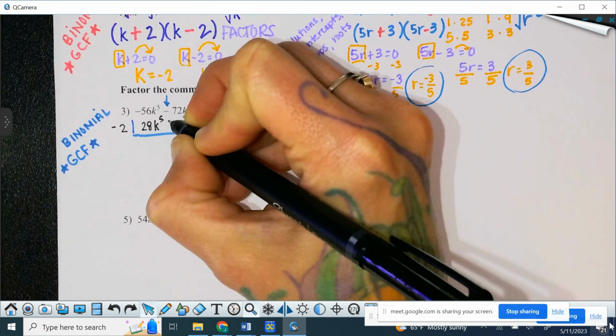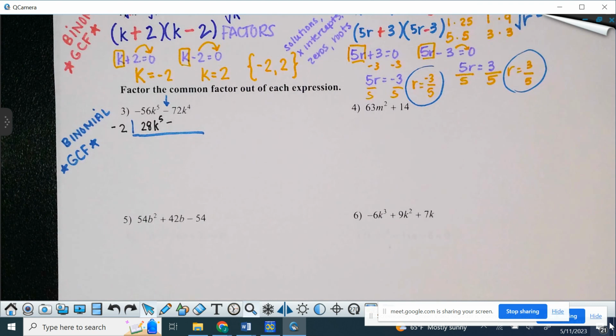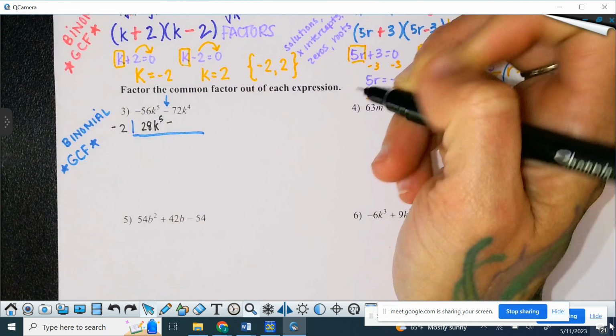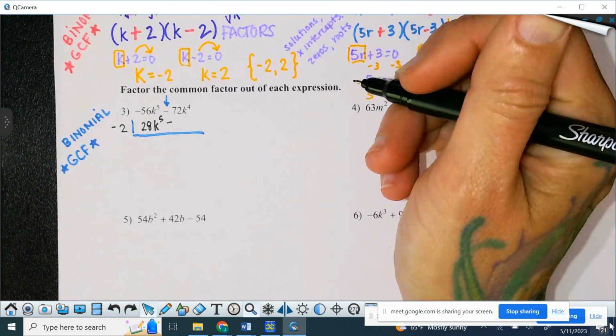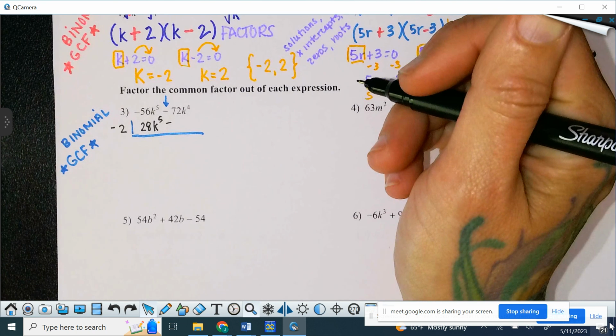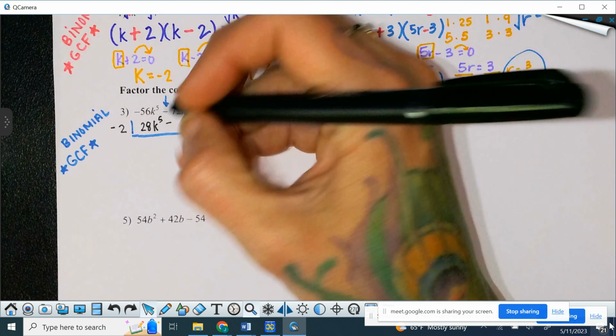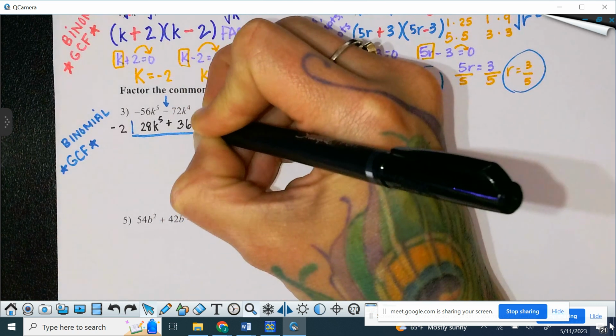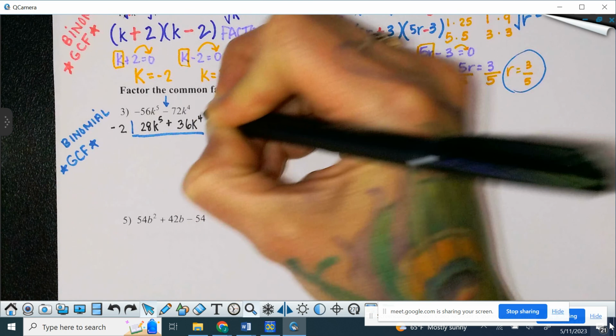72 divided by negative 2 is going to give me what? What's 72 divided by 2? Good. And we pulled out the negative, so this is going to become a positive 36 k to the 4th. These are still fairly big numbers.